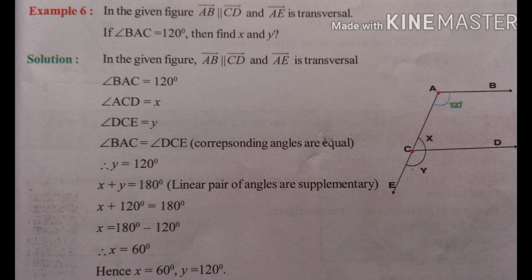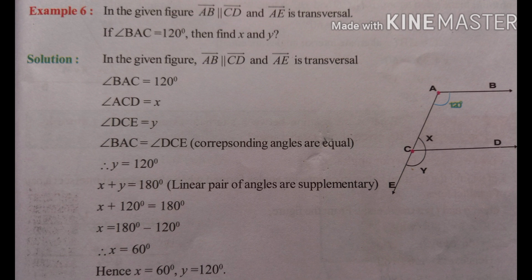If angle BAC is 120 degrees, then find X and Y. Okay children? In the given figure, AB is parallel to CD and AE is transversal. Angle BAC is 120 degrees. Angle ACD is X. Angle DCE is Y.